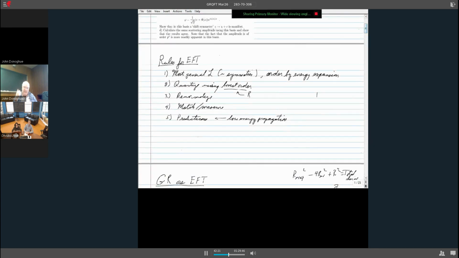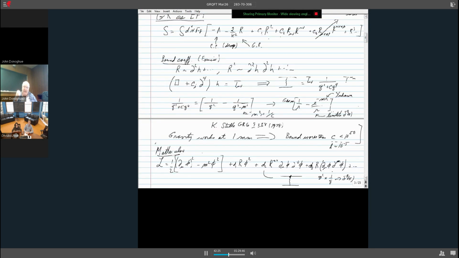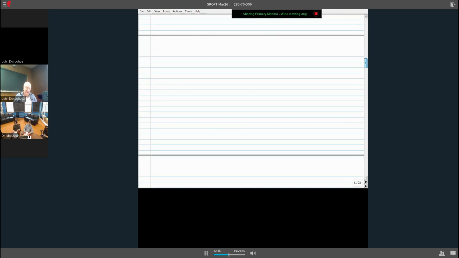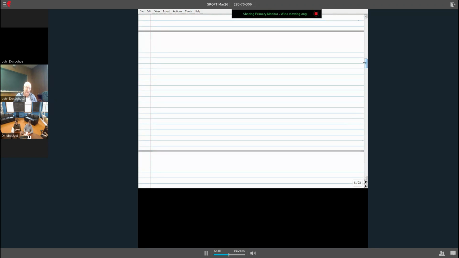E to the fourth is like 2 loops. And E to the sixth is like 2 loops. So we have this power counting that falls out, that you can see even in the divergence.